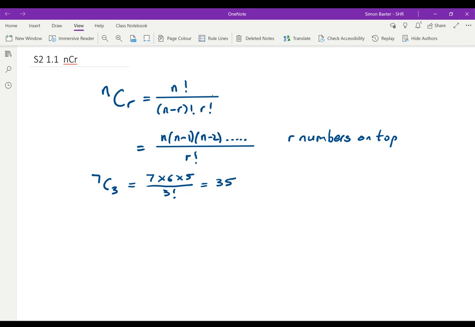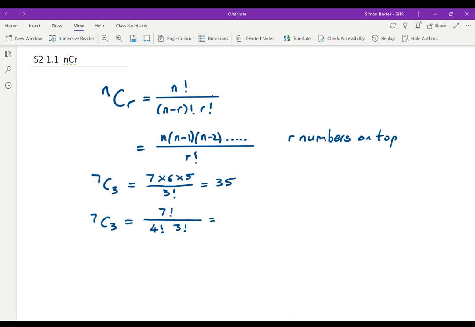We can show that this agrees with the other formula. 7C3 is n factorial, that is 7 factorial, divided by (n minus r), that is 7 minus 3, which is 4 factorial, and 3 factorial is r factorial.